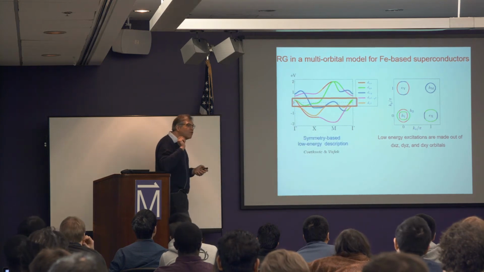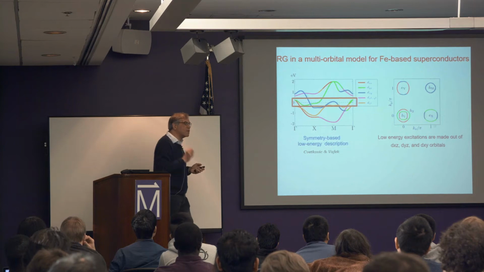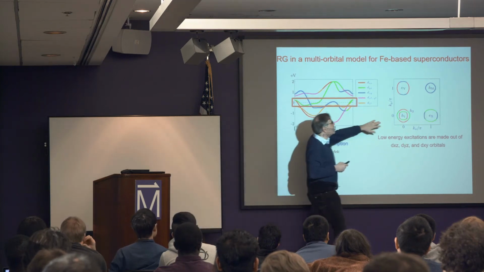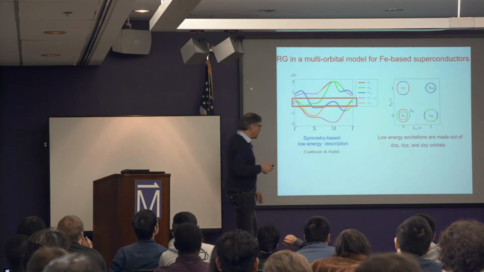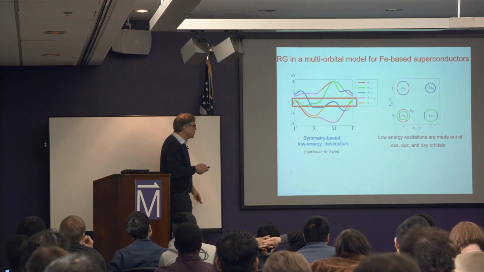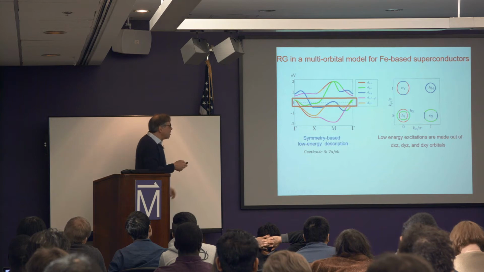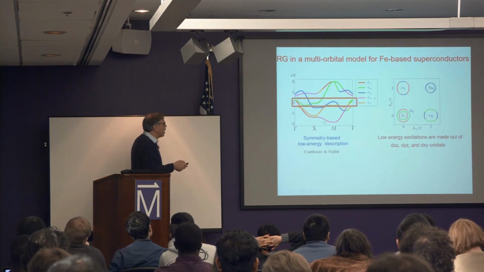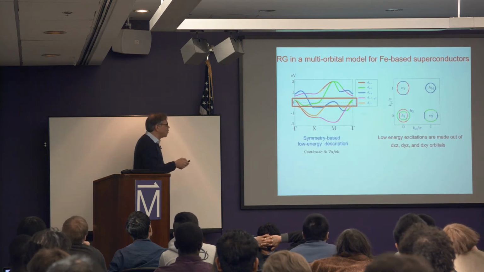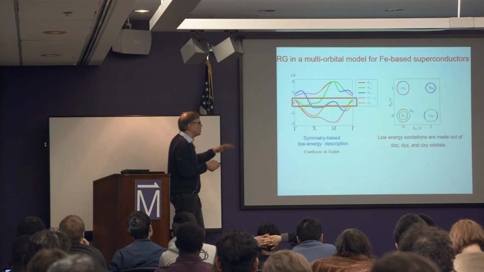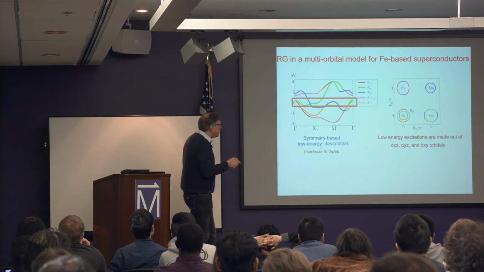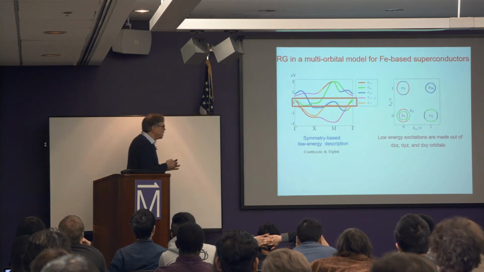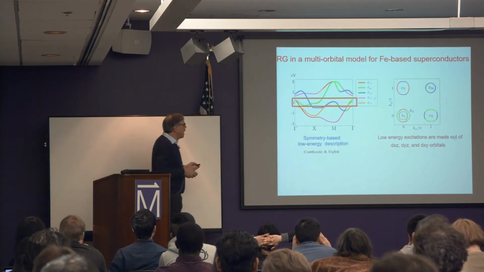So we have 3 orbitals, xz, yz, and xy, that give rise to these low energy states. And Oscar actually, with Vladimir Svetkovich, did extremely good work on identifying how to write down the low energy theory for this model. And everyone now, me included, is just taking their model as input and doing calculations based on what they did.